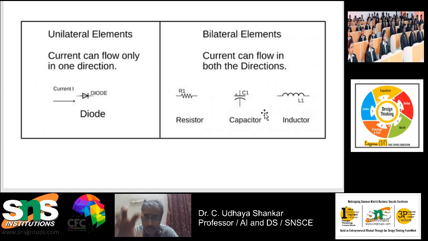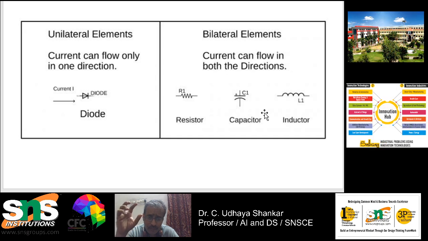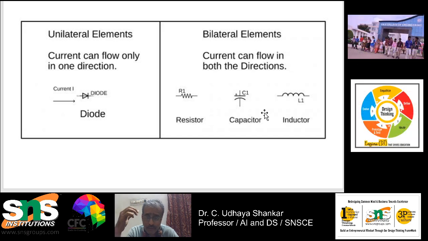Then what do you mean by a unilateral network? In a unilateral network, the current can flow only in one direction. For example, if you take a diode, the current can flow only from anode to cathode. If it is flowing from anode to cathode, it will behave as a short circuit, whereas if it is flowing from cathode to anode, it will behave as an open circuit, or it will pose a high resistance or high impedance.